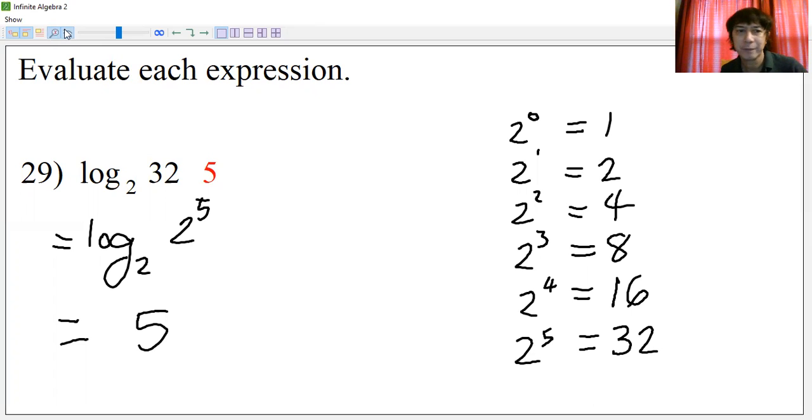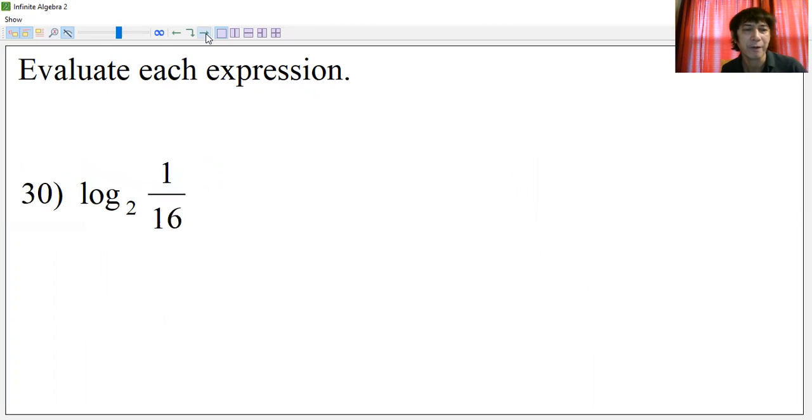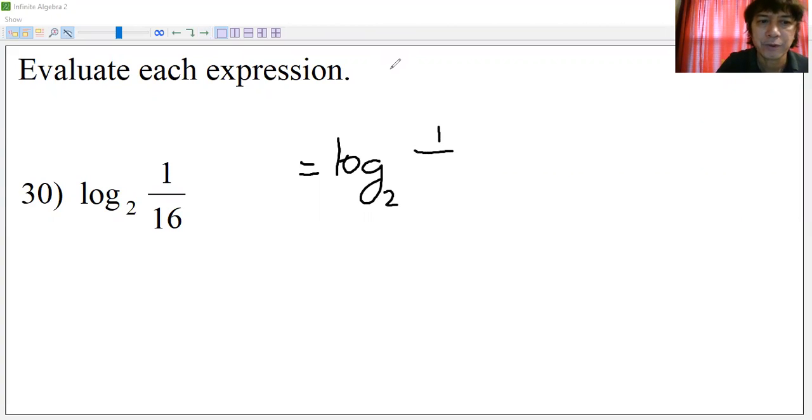Number 30. Okay, here's number 30. What do we have here? Logarithm of 1 over 16 base 2. Now 16 can be expressed in powers of 2. That's 2 to the 4th power. So you can just write logarithm base 2, 1 over 2 to the 4th, which is equivalent to 16.